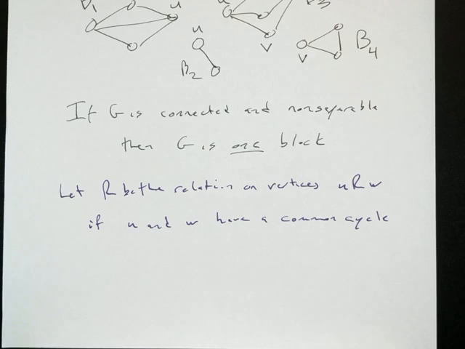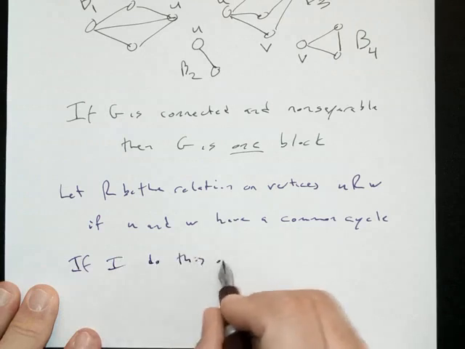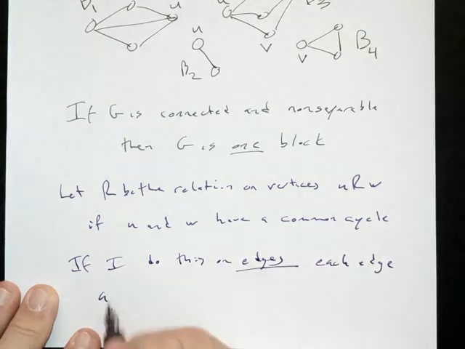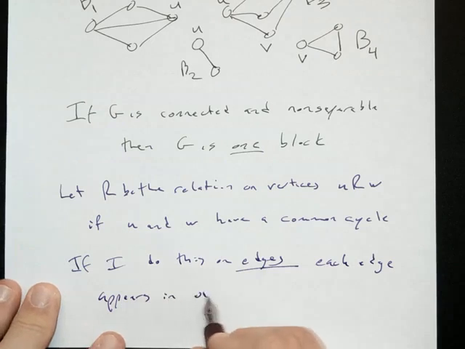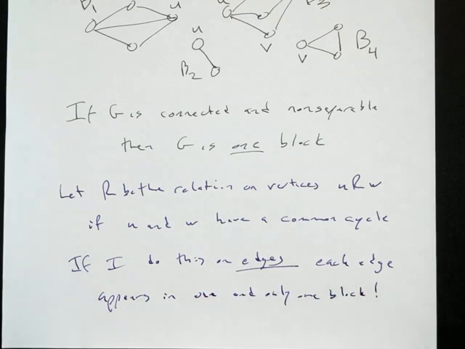And then each edge only appears in one block. Every set of blocks is edge disjoint and shares at most one vertex between blocks. Yay!